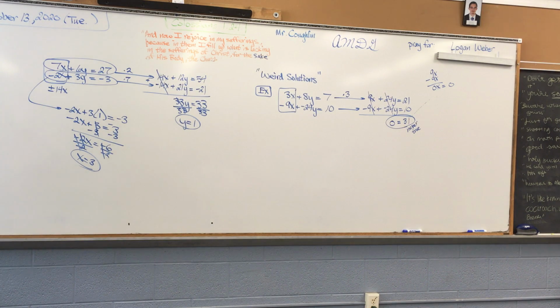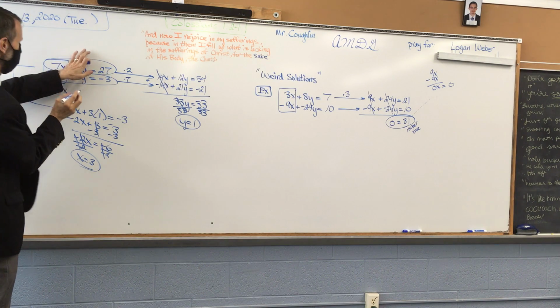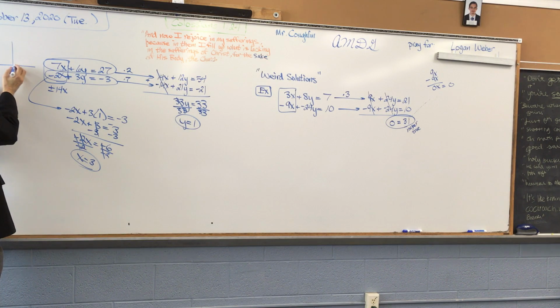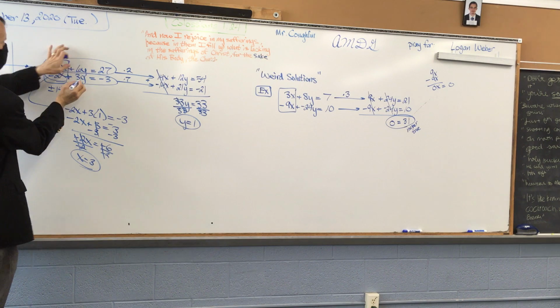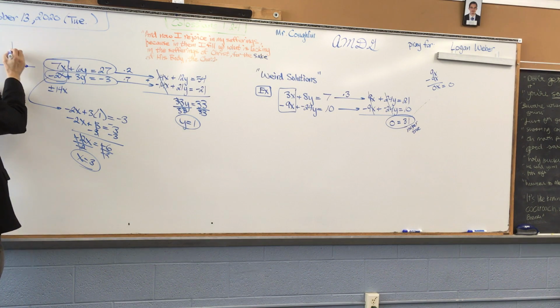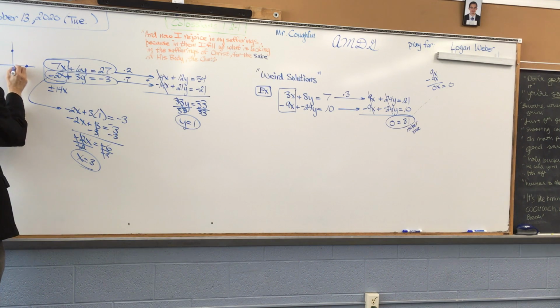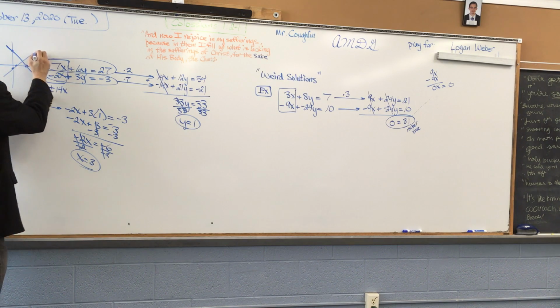You could graph them if you really had to. 27/7 is the x-intercept. That's horrible. That's almost 4. And then the 6, oh my word, it's like 5. And then this would be like 1.5. And this is like -1. So it's something like this.